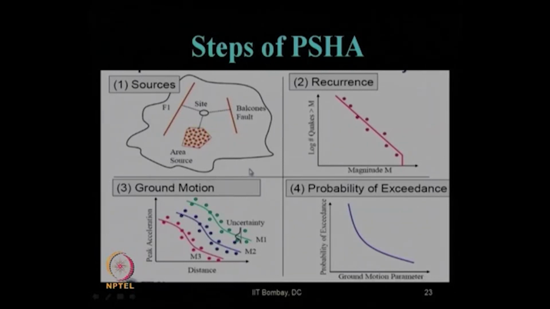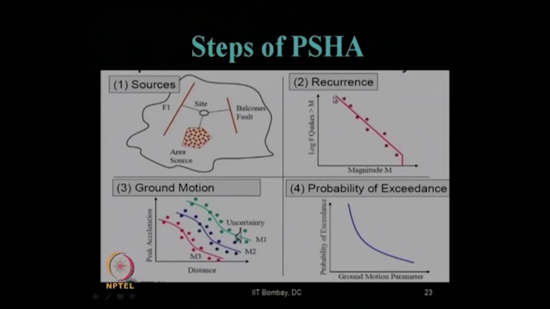Based on that you can first identify the boundary, and once you identify the boundary, all your sources come within that. Suppose these are the various sources. In that case, it is not the minimum distance now, you have to take all the distances. That is the difference between DSHA and PSHA. How to take all the distances, etc., we will discuss very soon.